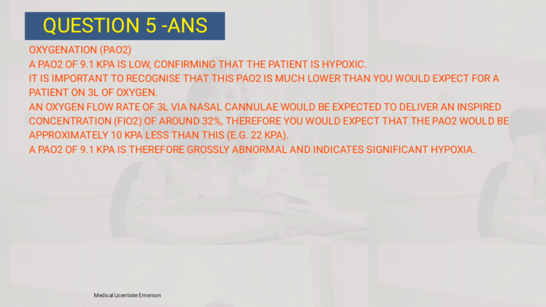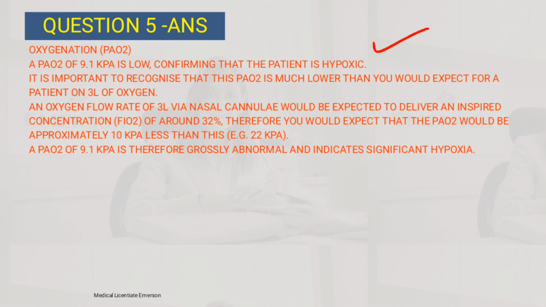So for the oxygenation, you have to know that the partial pressure of 9.1 kilopascals is low, confirming that the patient is hypoxic. It is important to recognize that this partial pressure of oxygen is much lower than you would expect for a patient on 3 liters of oxygen. An oxygen flow rate of 3 liters via nasal cannula would be expected to deliver an inspired concentration, the FiO2, the fraction of inspired O2, of around 32%.